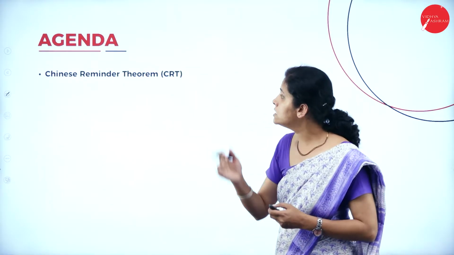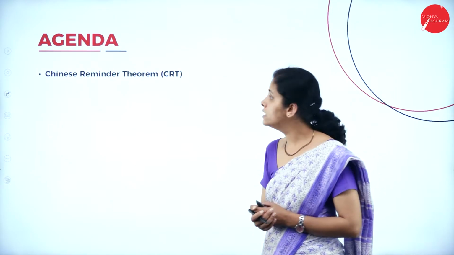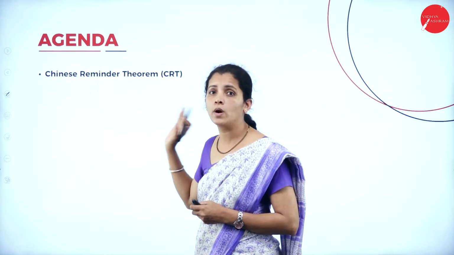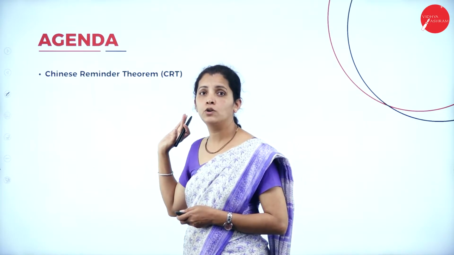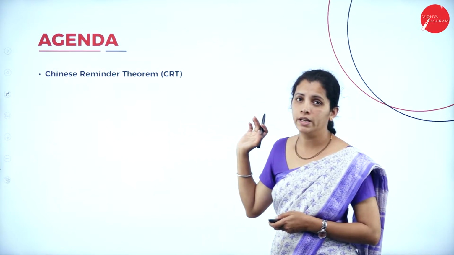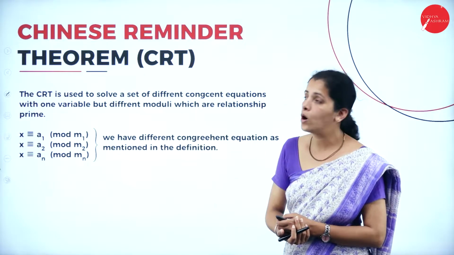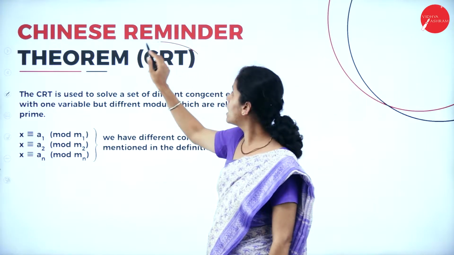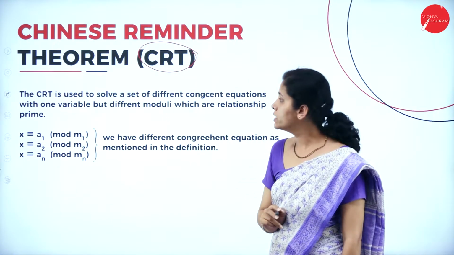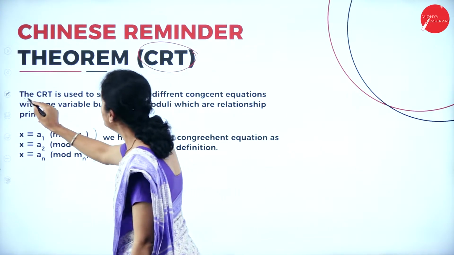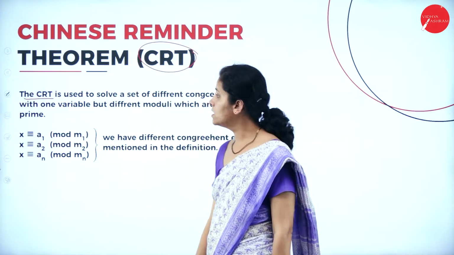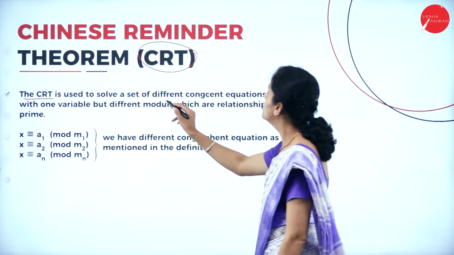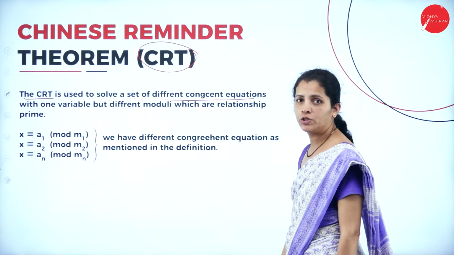Now, in my today's session, I'm going to deal with the Chinese Remainder Theorem, and this is also one of the very important topics under this unit. Now, let's see what is the Chinese Remainder Theorem, or CRT. Here the Chinese Remainder Theorem is used to solve a set of different congruence equations.